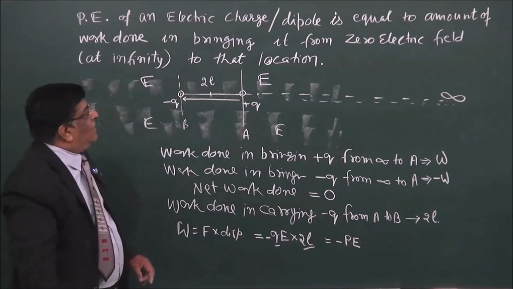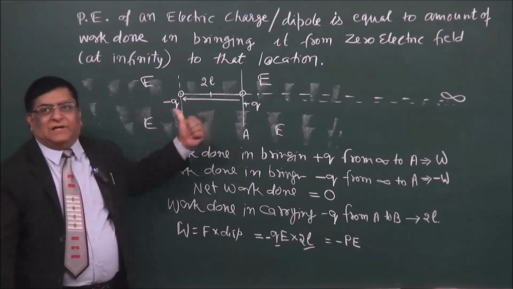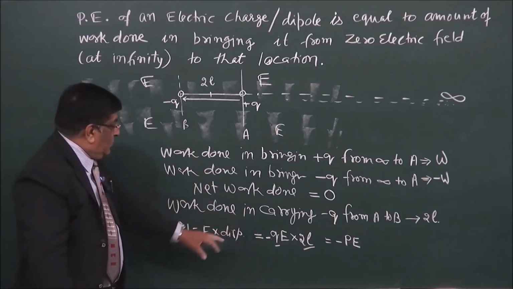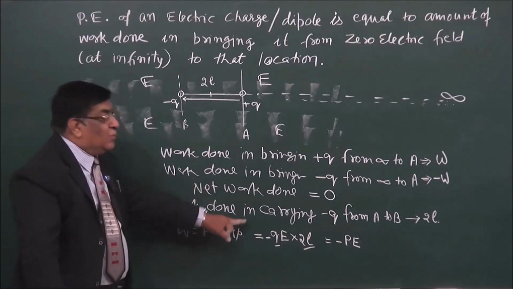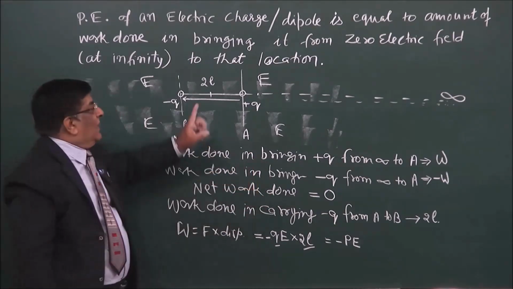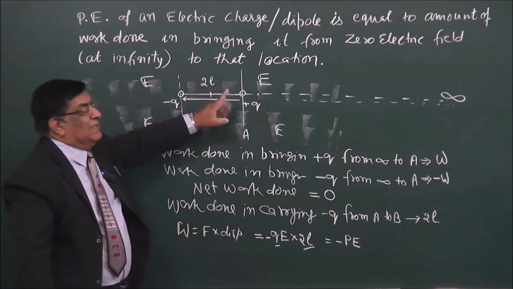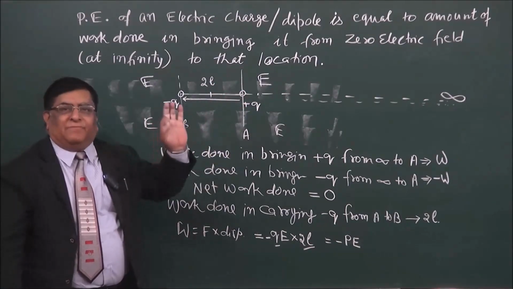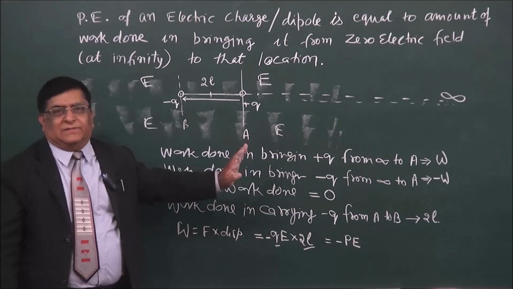If we apply the formula, it will be force into displacement into cos theta, QE into 2L into cos theta. And what is angle theta here? Here angle theta is 0, so cos theta is equal to 1, which we have taken into account.